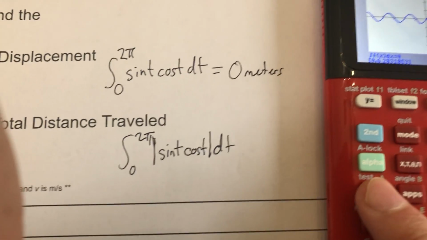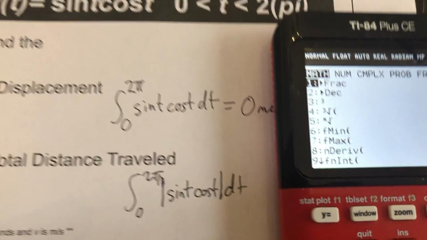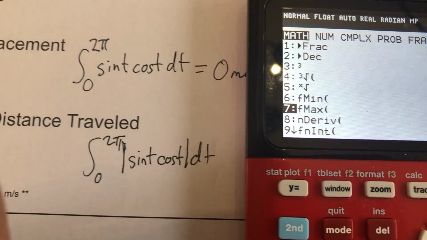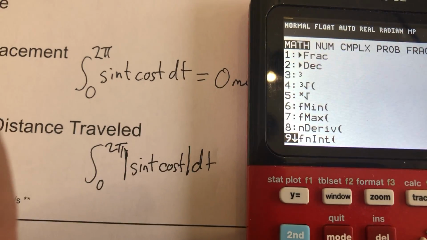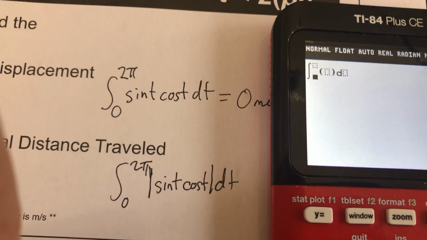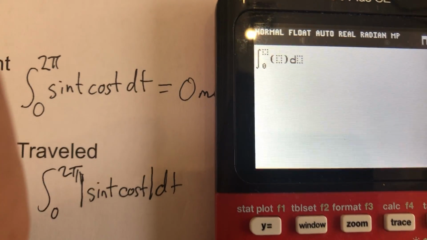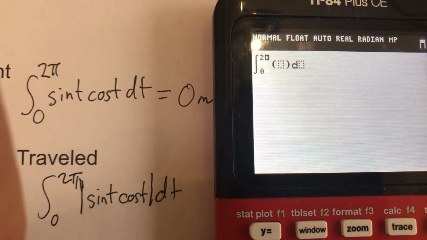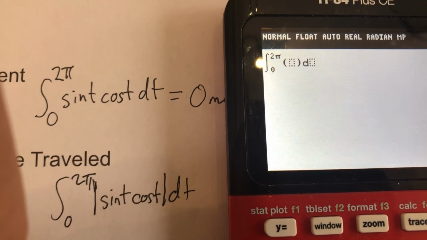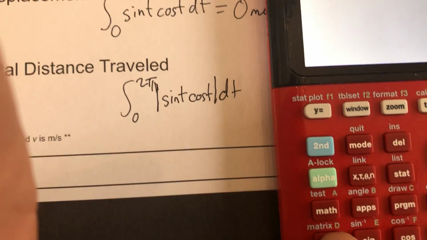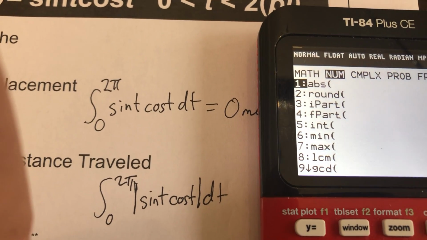So we got to do absolute value. So the easiest way to do that is on our calculator. We hit math, and then go down to option 9, our interval. We're going from 0 to 2 pi. We come in here, we need to do absolute value. So you're going to hit math, go over to num.